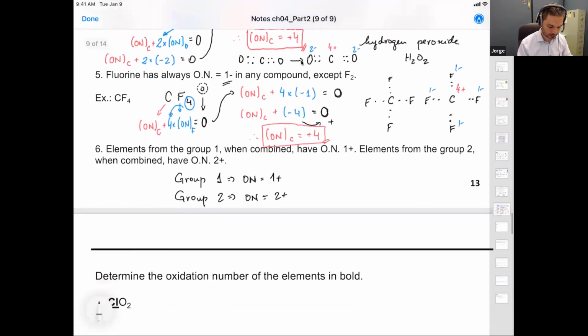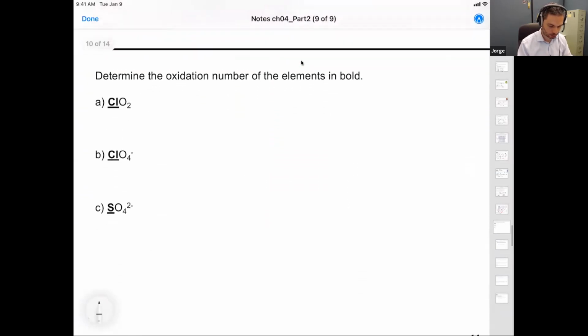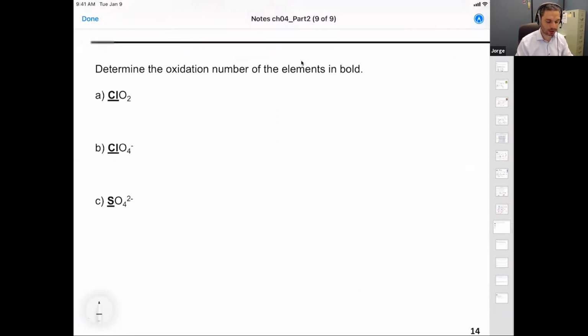So let's try to determine the oxidation number of the elements in bold. Okay, so the first one is chlorine, second one is also chlorine, and the third one is sulfur. Let's use all the rules that I showed you, and let's see if we can do that together.